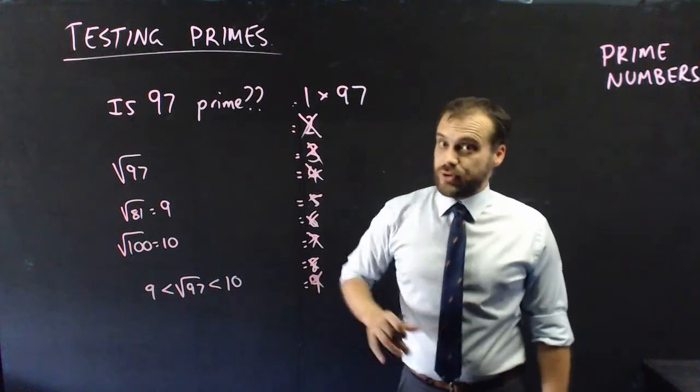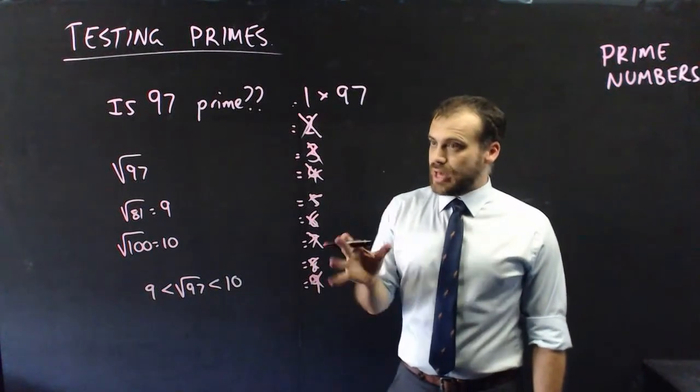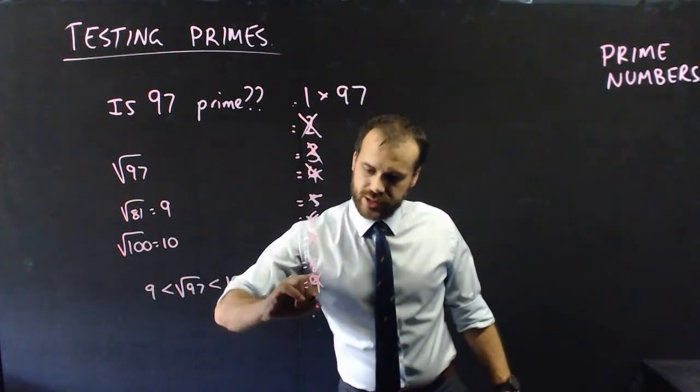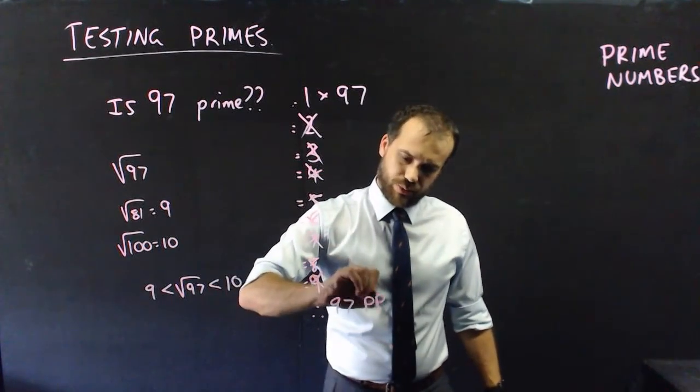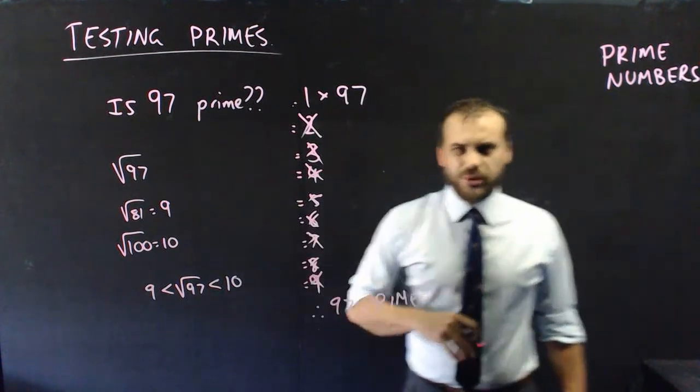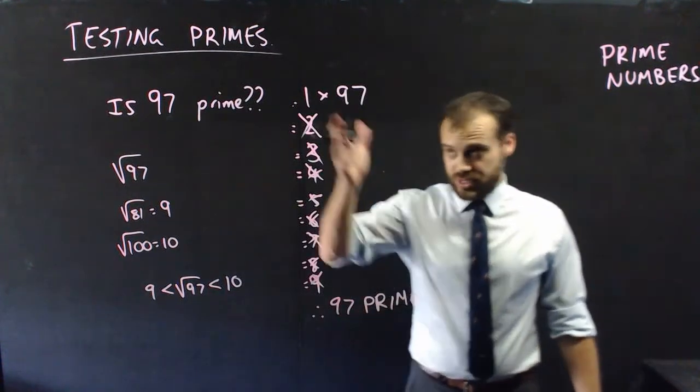I've tested everything systematically, and that means, therefore, and I can use these 3 dots to mean therefore, 97 is prime.